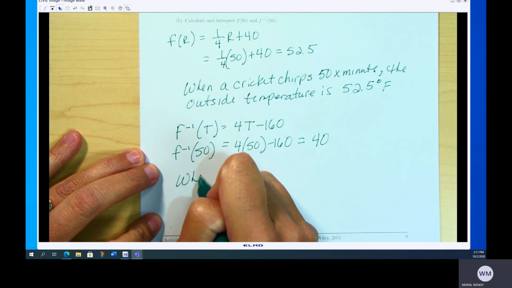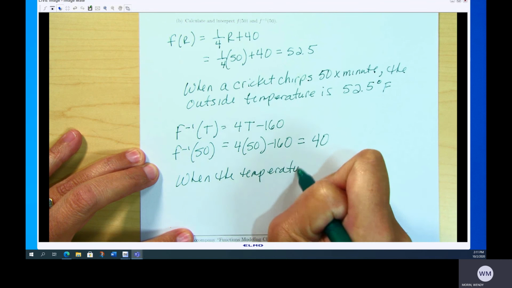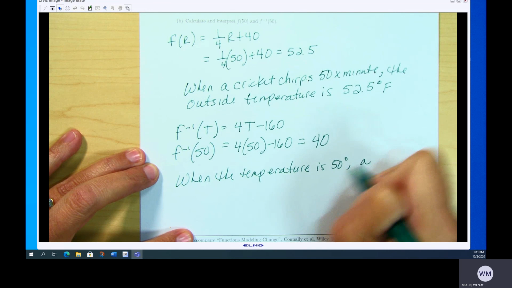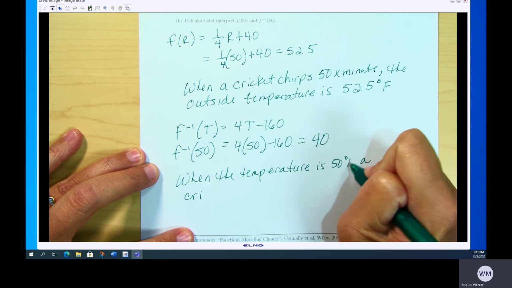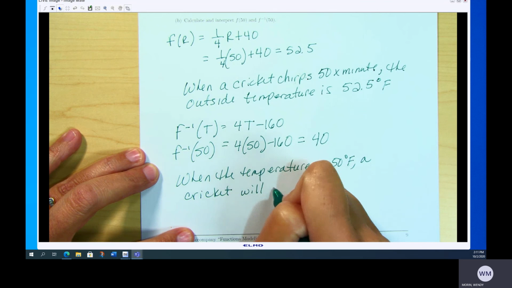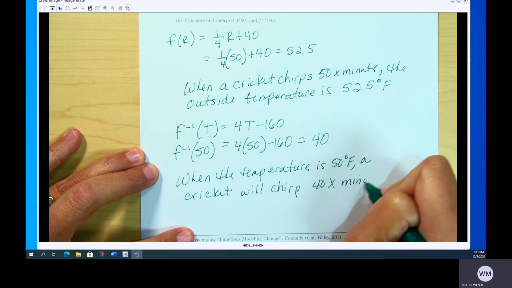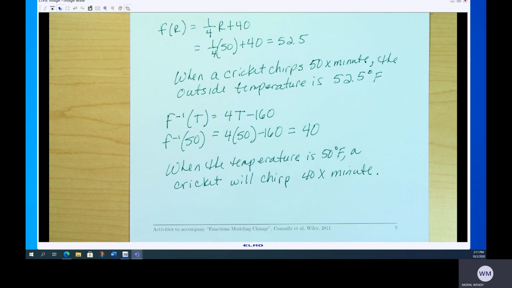So this one is saying when the temperature is 50 degrees Fahrenheit, just to be clear, a cricket will chirp 40 times per minute. Now, I don't know about you, but I've got a lot of crickets around my house. So maybe somebody can see if this formula actually holds true.